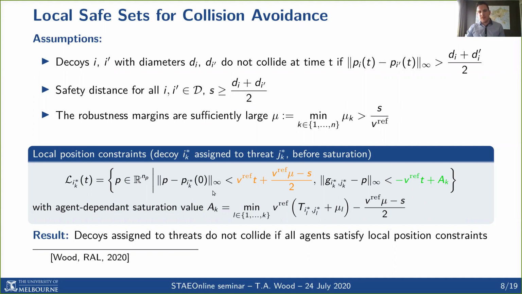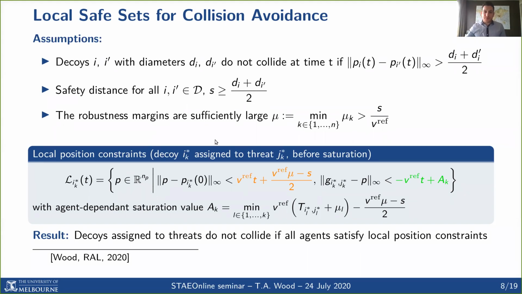So these two bounds, or this constraint set, can be looked at as the intersection of two balls with some distance norm. So here we're looking at the infinity norm, but this will work for any distance metric.